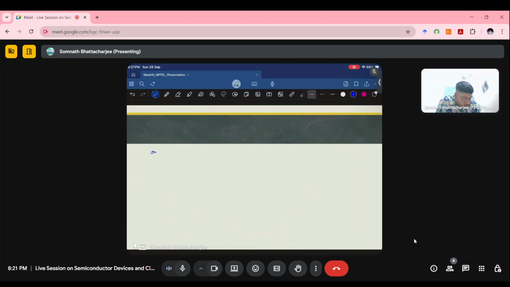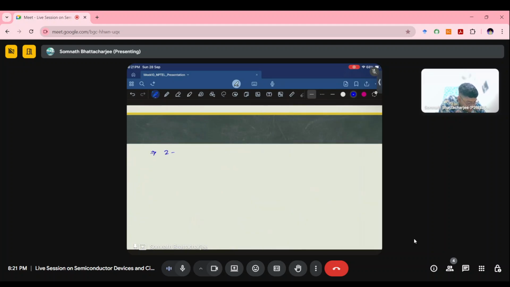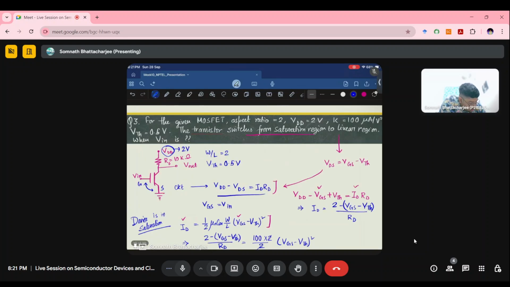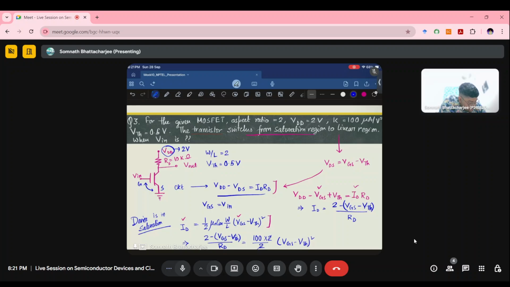So if we are just putting the values, this will be 2 minus VGS minus VTH equals ten k. 10k is 10 to the power 4, right?